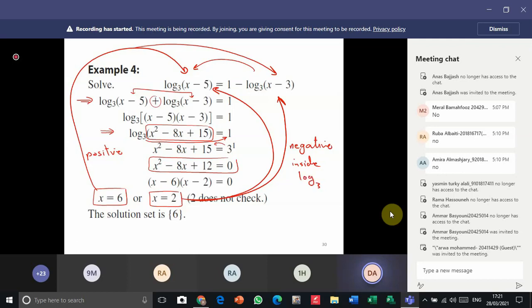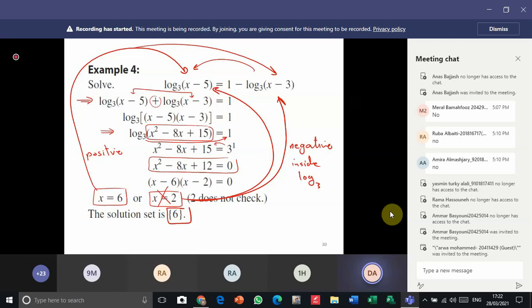Because after substituting 2 minus 3 is negative 1, and 2 minus 5 is negative 3. So we have a negative argument inside the logarithm. So this must be removed, x equal 2 is not a solution. So we have only one solution, x equals 6.